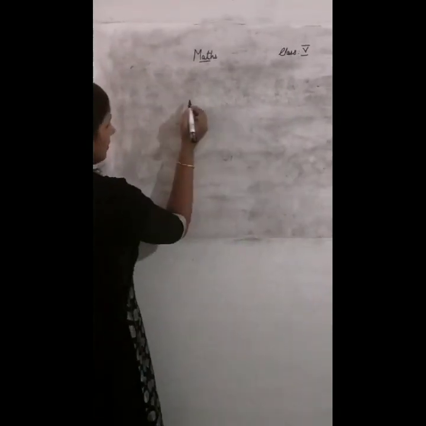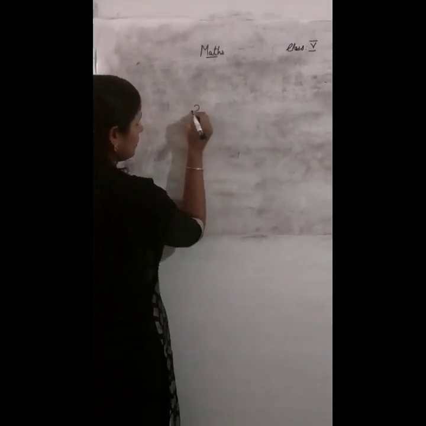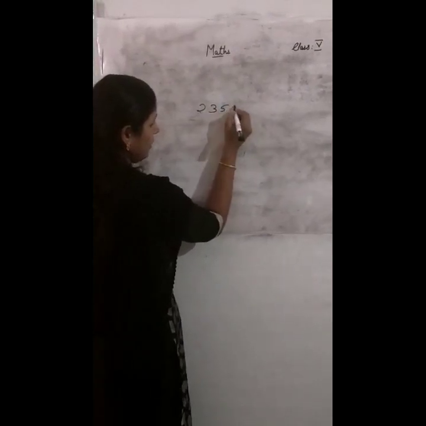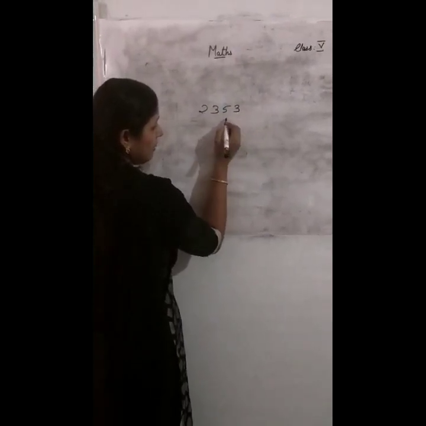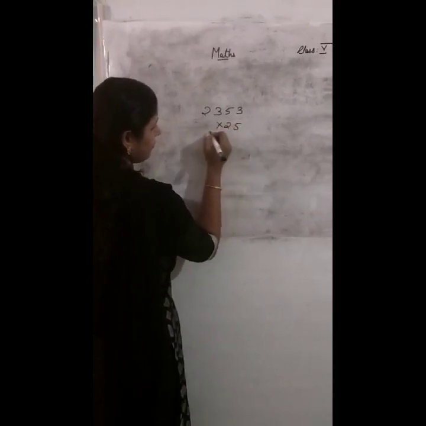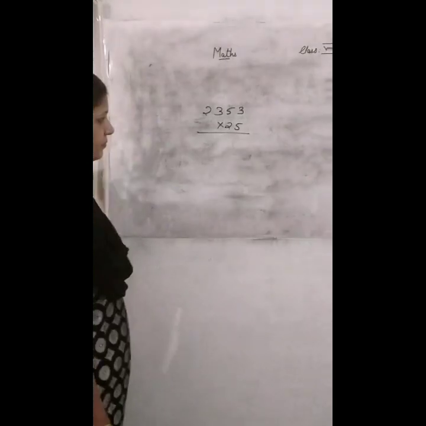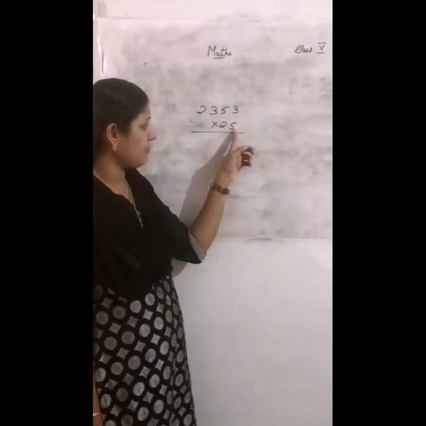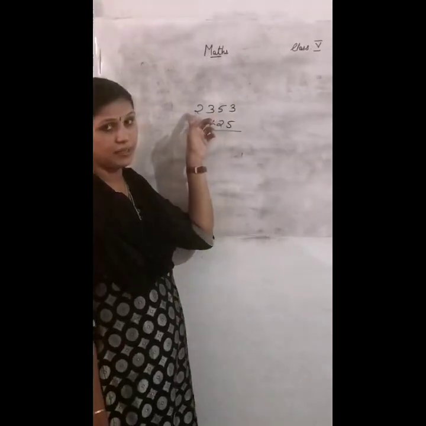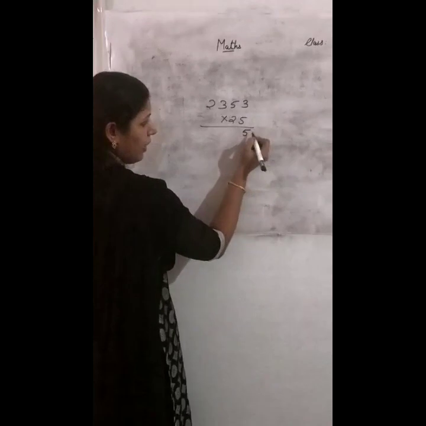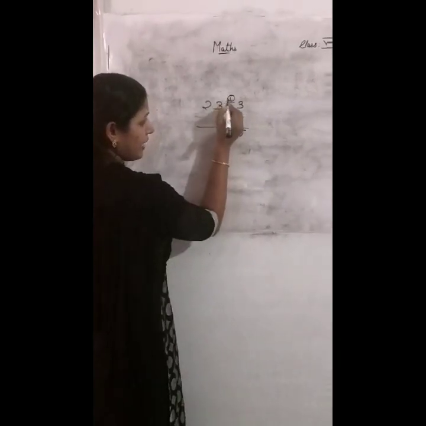Here is a question, 2353 multiplied by 25. In this question, first we multiply by this 5 throughout this number. That is, 5 3s are 15, 5 carry over 1, we write here.